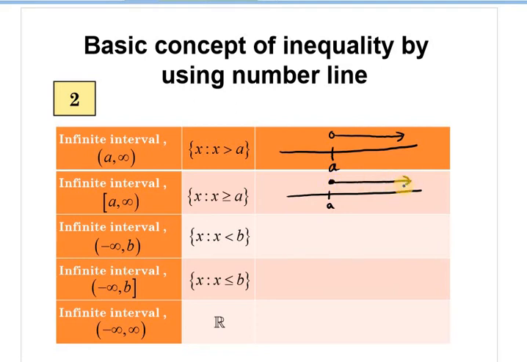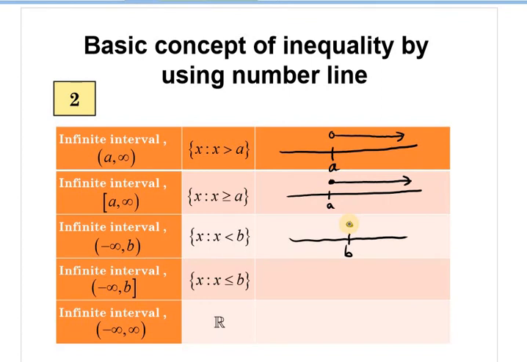Okay, and then the next infinite interval is negative infinity to B. The inequality form here is x less than B. So we will have a number line. The only point there is B, but B is not included. Since it's less than, or negative infinity to B, that means B is the highest value in this interval.